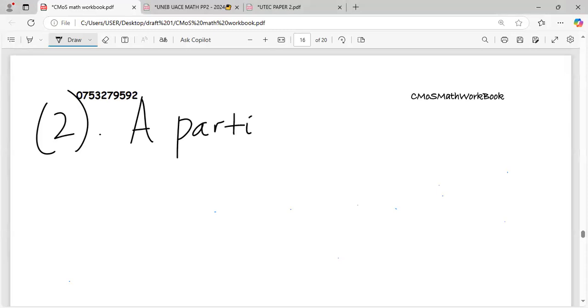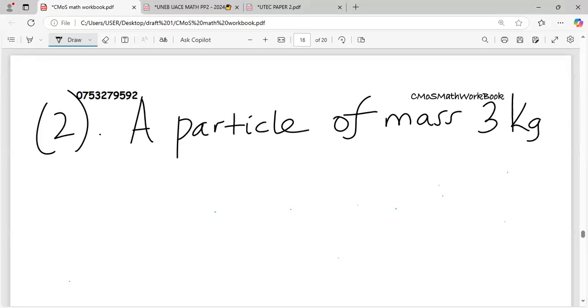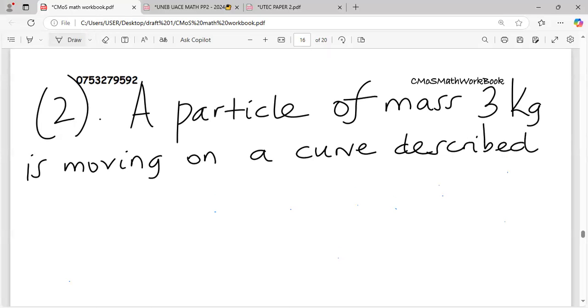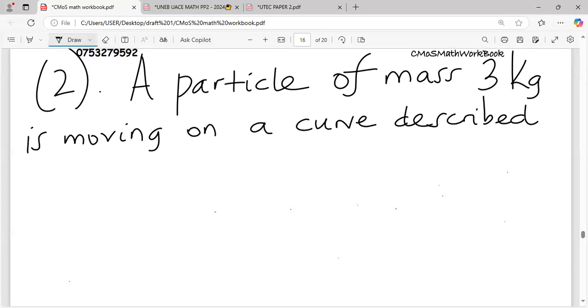I want to see whether people can try, because I literally taught trig, integration of trig functions, differentiation of trig functions, so people can try this. A particle of mass 3 kilograms is moving on a curve. So you people, these questions mean a lot. If they are done, that means the topic will be 90% dusted.